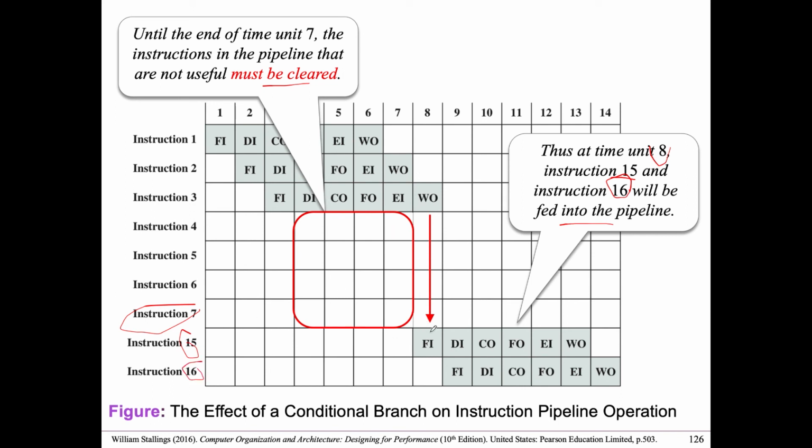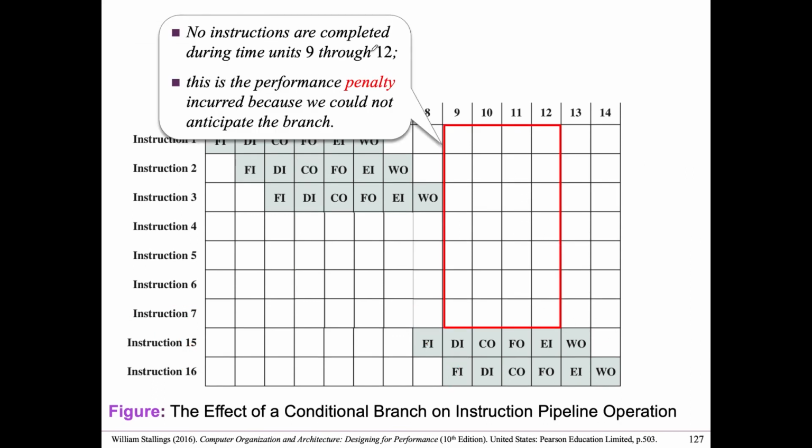So you will move it and start it again. No instructions are completed during time units 9 through 12. This is the performance penalty incurred because we could not anticipate the branch. So you're going to remove it all here.